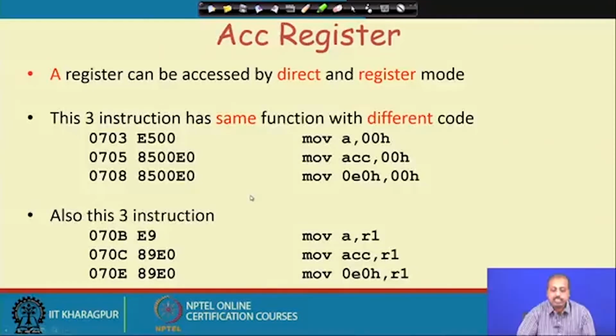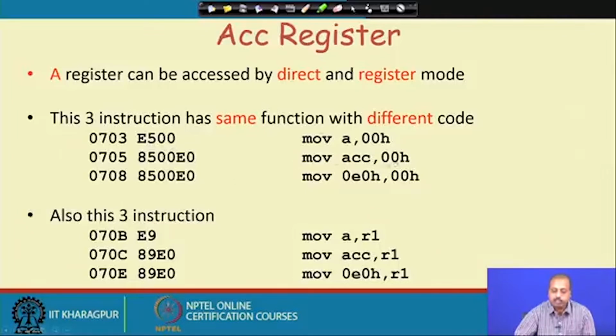Then the A register can be accessed by both direct and register mode. These three instructions have the same function with different types of code. The address of the A register is E0. So, we can have MOV A, 00, which is coded as E500.